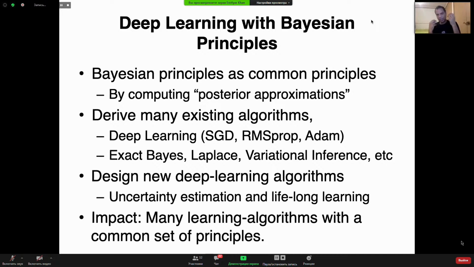So what I showed to you is that if you take a particular type of gradient algorithm and apply it to find the posterior approximation, by changing the form of the approximation, you can derive many different types of learning algorithms. So we went into deep learning algorithms like gradient descent, Newton's method, and then variance adaptive learning rate algorithms like RMS-prop and ADAM.